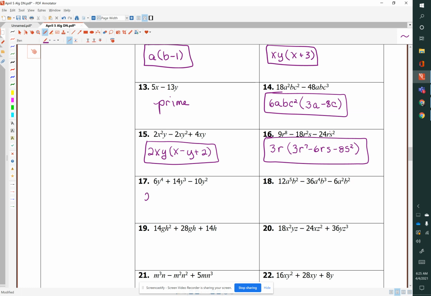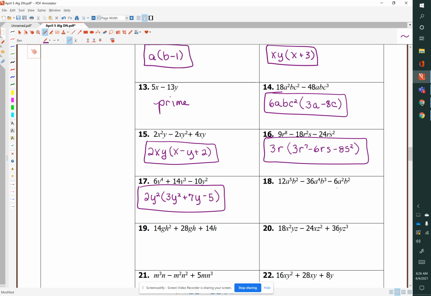We can factor out a 2 and a y squared, which would leave 6 divided by 2 is 3y to the 2nd plus 14 divided by 2 is 7, 1y, and that'll be an invisible exponent of 1, minus 10 divided by 2 is 5, and we have factored out the y squared. So that's correct and finished.